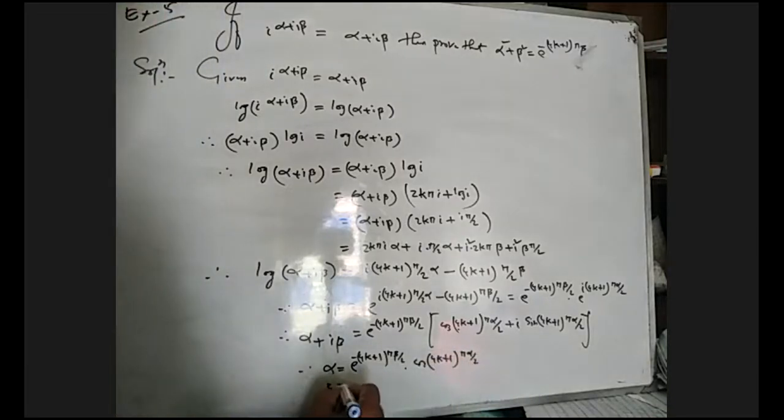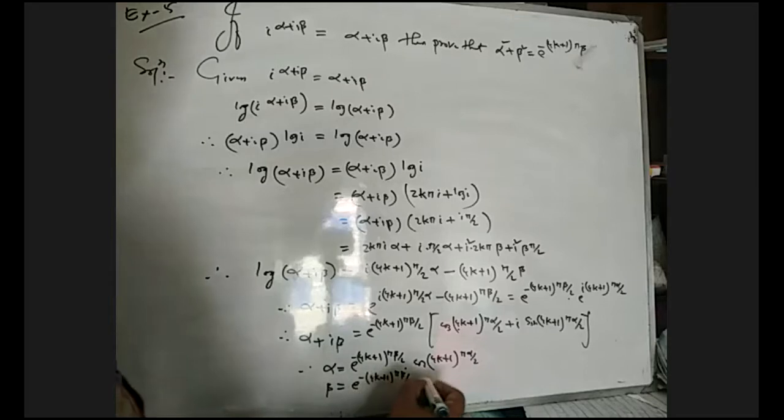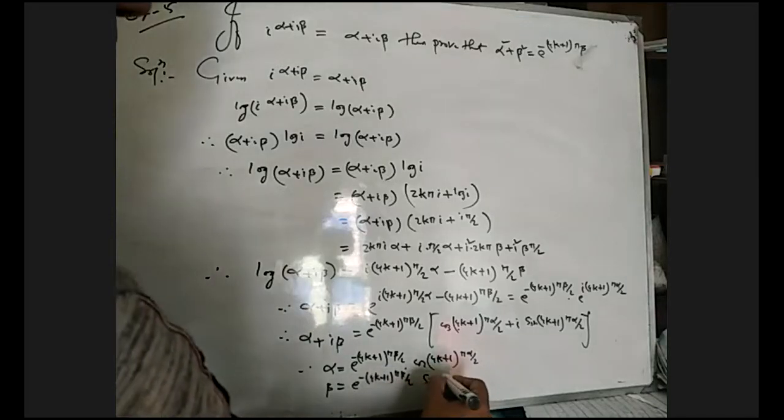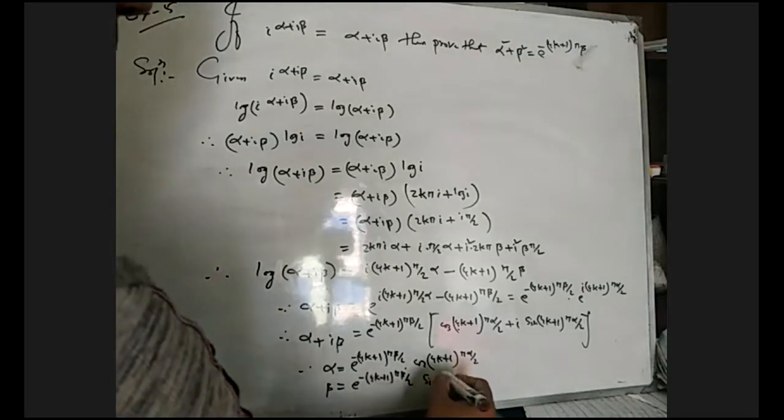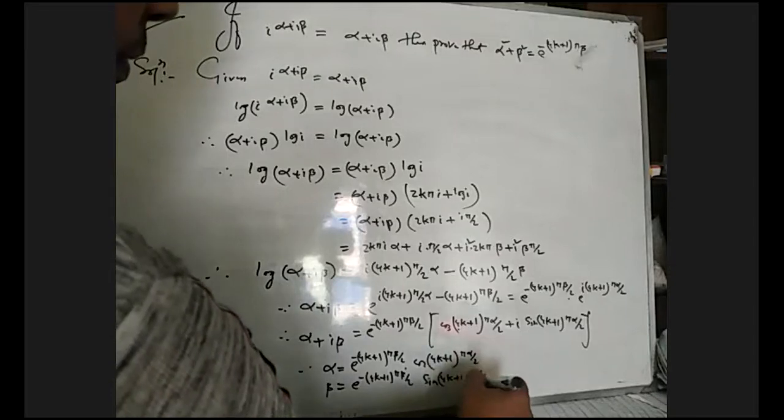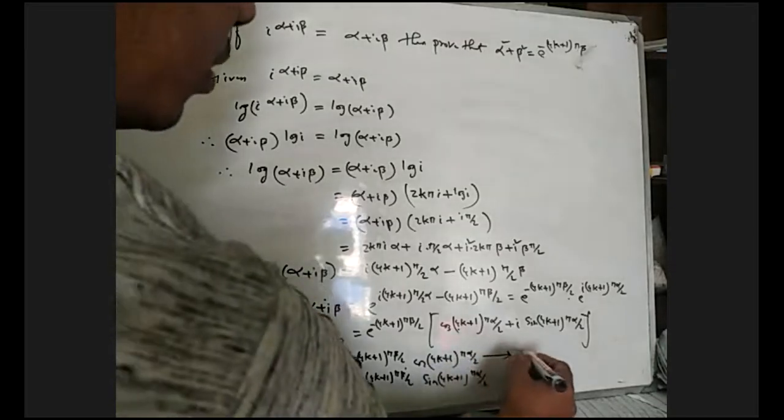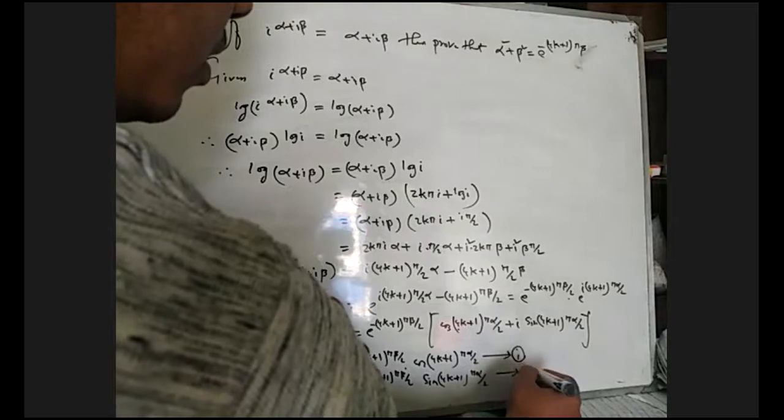Similarly, beta equals what will be? Sine. Now this is equation number 1. This is equation number 2.